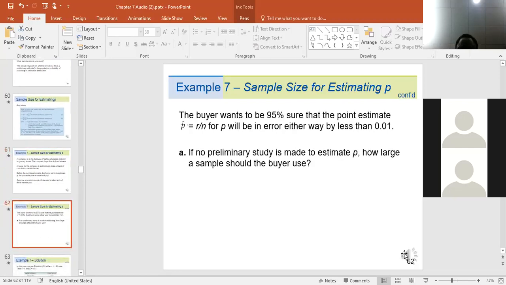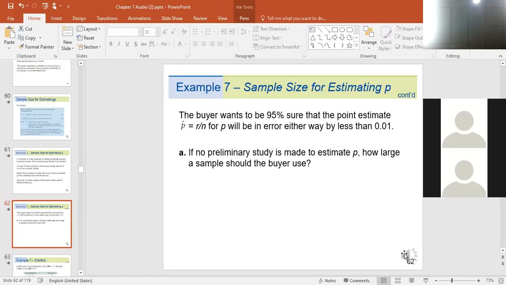So here, the buyer wants to be 95% sure that the point estimate P hat for P will be in error by either way less than 0.01. That means the maximum error of estimate is what?